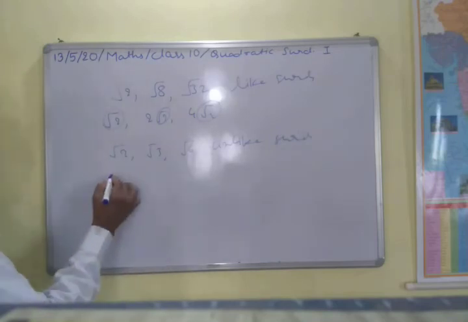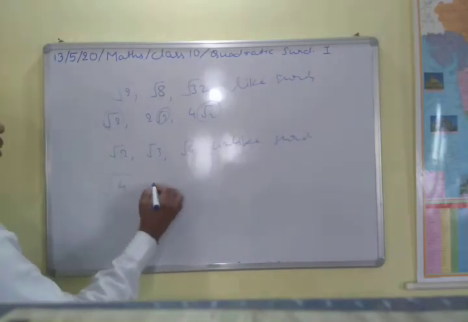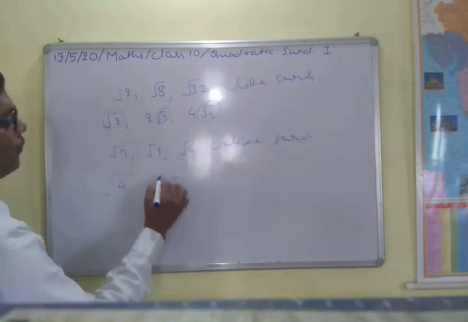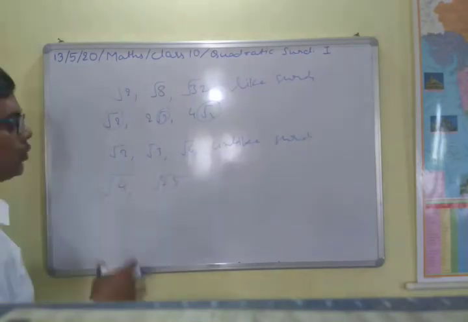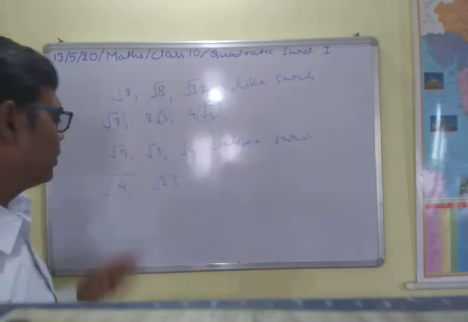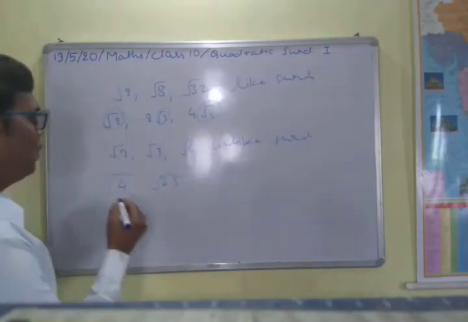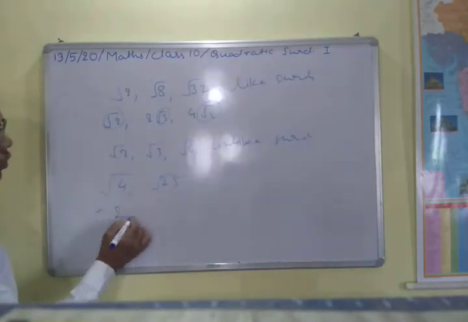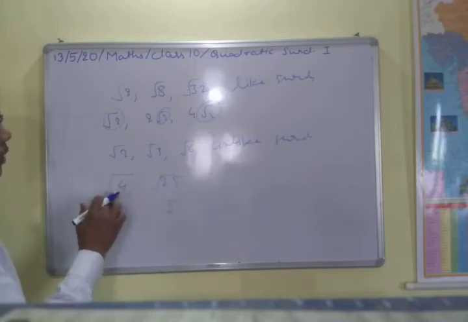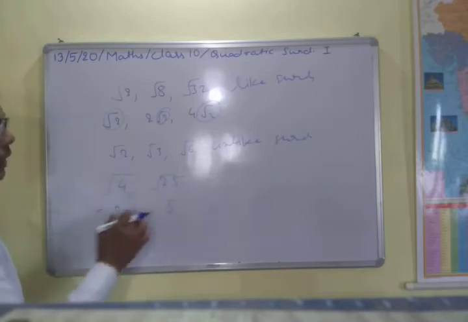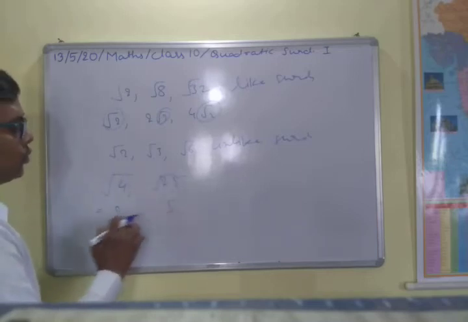And next, whether root 4 or suppose root 5 are surds or not. Actually it looks like a surd, but root 4 is not a surd, because when you simplify, this will be 2, and root 25 will be 5. The answer of this is a whole number, and the answer of this is also a whole number. So this is not a surd.